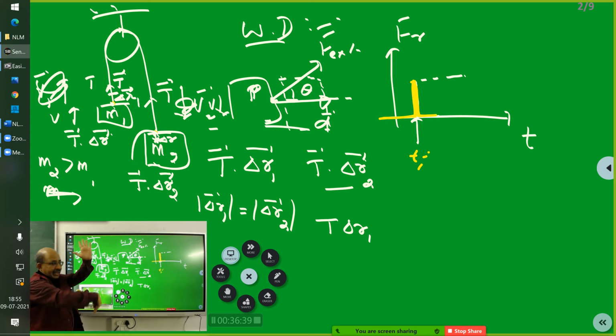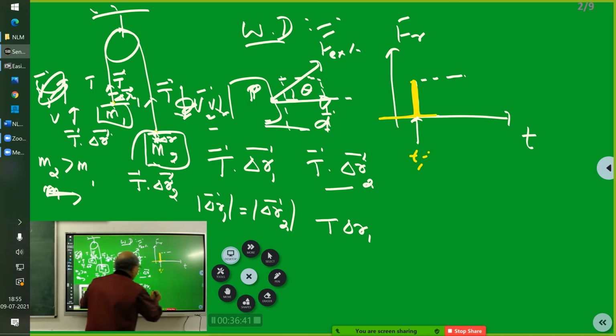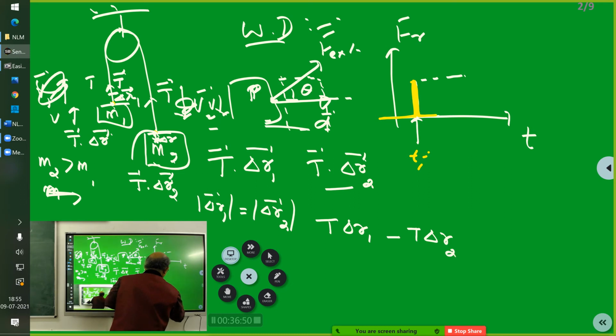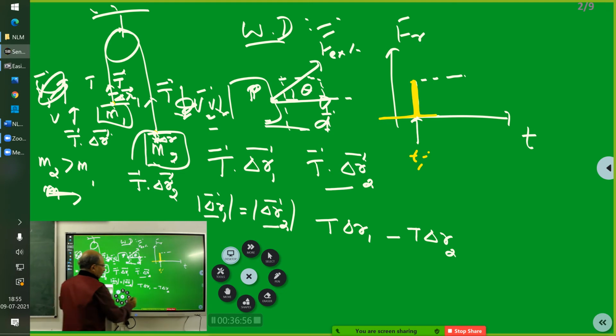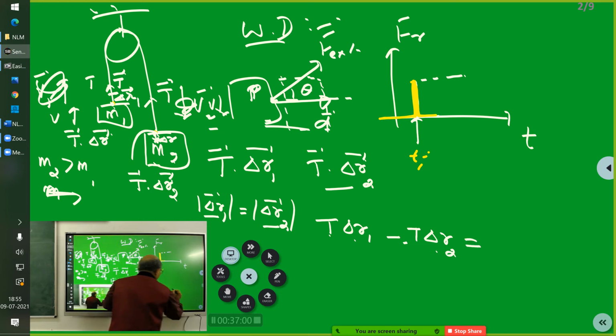T bar is up, delta R bar is down. So this becomes minus, because cos 180 is minus. So it becomes minus T delta R2. Did you understand this? But delta R1 bar modulus is equal to delta R2 bar modulus. So these two are equal, and this will be equal to 0.